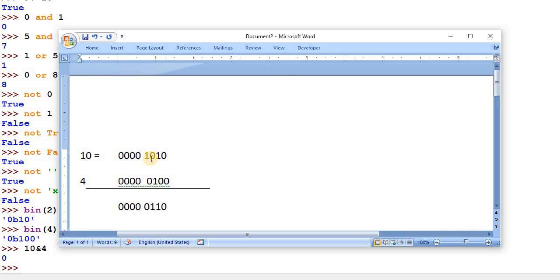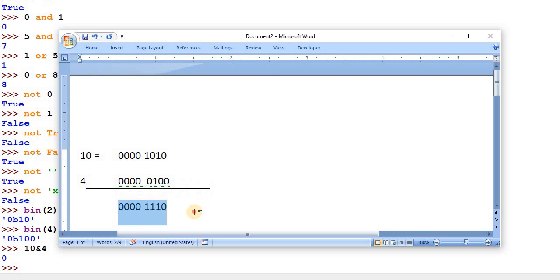The next one is the same condition, the first is false but the second one is true. The third one is also 1, true, and 0, false, so it returns 1. Then these both operands are 0, so it returns 0.